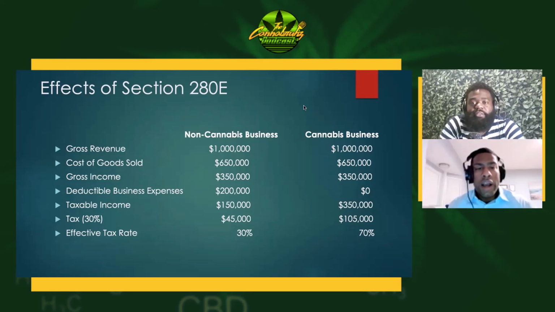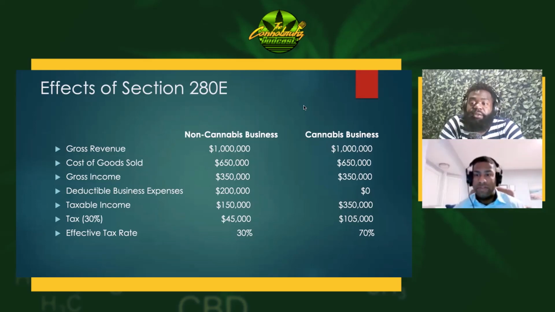Once I subtracted my expenses for the ice cream business, I'm at about $150,000, and I'm being taxed at 30%. Ultimately, I'm having to pay $45,000 overall from my $1 million. Not too bad.